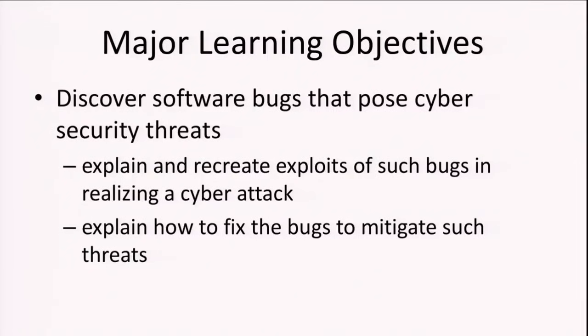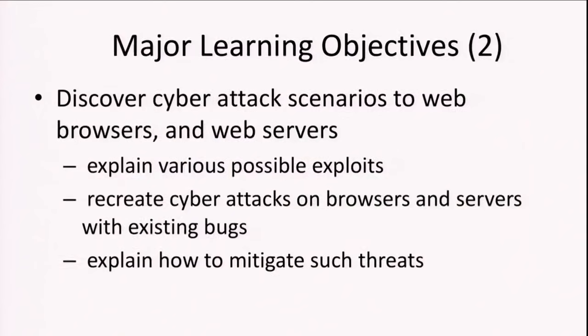Then you should be able to explain and recreate exploits of such bugs and create cyber attacks by exploiting those vulnerabilities, given that your software has them. And then you also have to explain how to fix those bugs to mitigate those threats. So this is the software application bugs. Now, the second major learning objective is on web browsers and web servers.